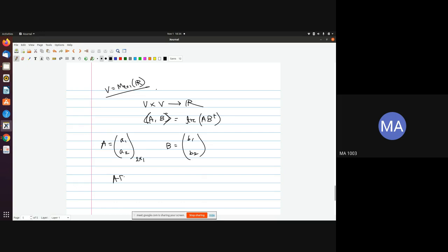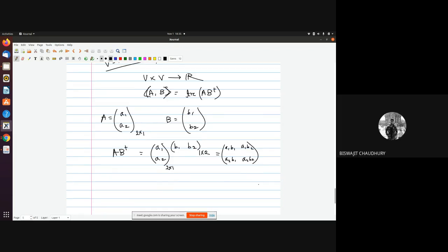What is A B transpose? A1, A2 times B1, B2 transpose, which is 2 cross 1 times 1 cross 2, so I will get a 2 cross 2 matrix: A1 B1, A1 B2, A2 B1, A2 B2, correct? And what is the trace of it? A1 B1 plus A2 B2.